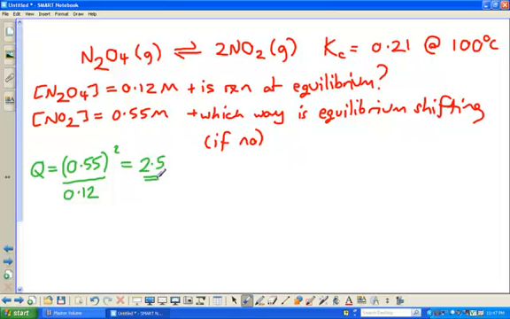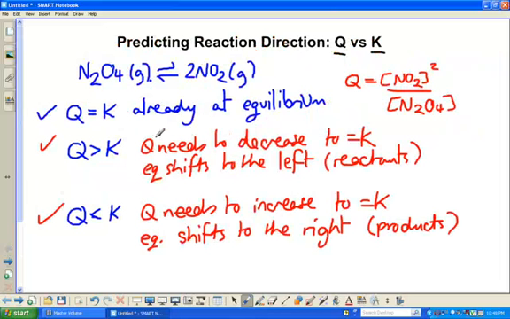So the first thing you can very easily tell, because Q is not the same as K, is that the reaction is definitely not at equilibrium. But we can also tell which way the equilibrium is shifting. Because we can see that Q is bigger than K. And when we go back to here, we said Q is bigger than K, so Q needs to decrease, so the reactant's concentration has to increase.